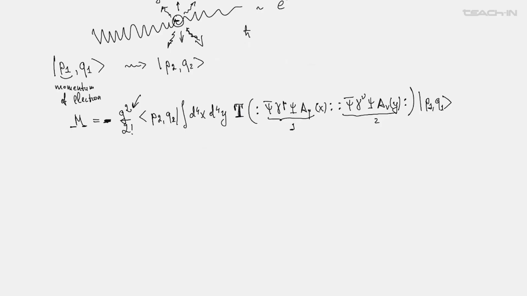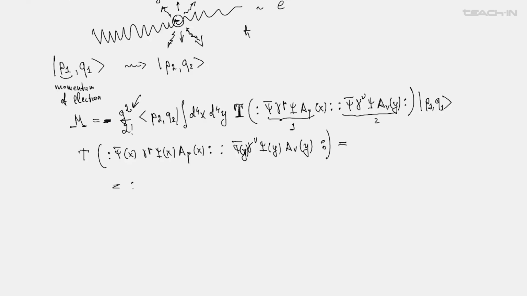So I have to write the T-ordered product of psi bar x gamma mu psi on x, A mu on x, with psi bar gamma nu psi, let's write everything here on y like this, A nu on y. This, according to the Wick theorem, will be given by the normal ordered product of these terms.